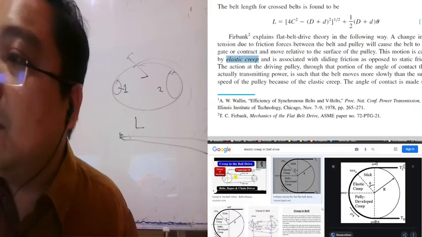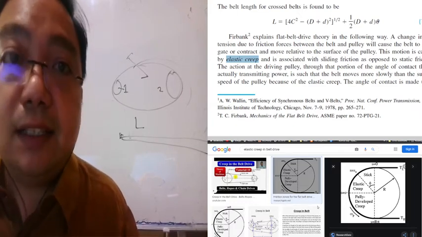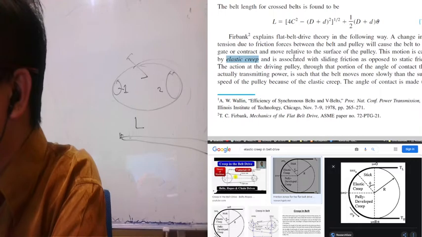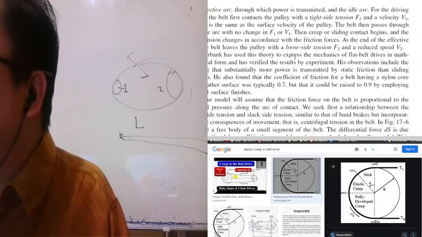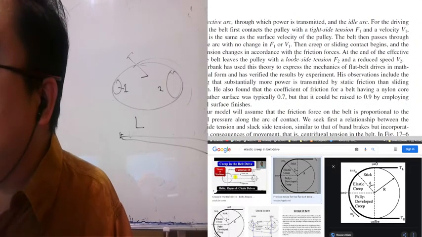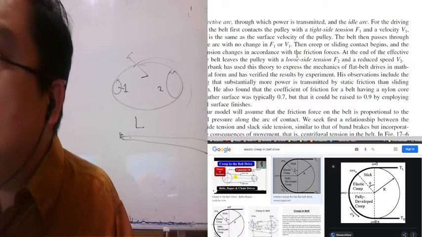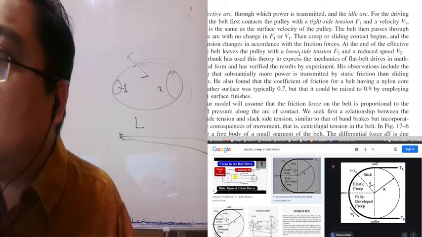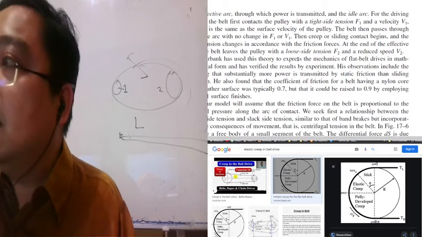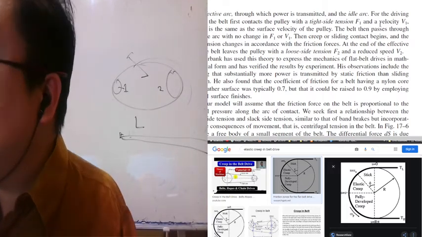That is some of the definition of elastic creep. The creep forward is transmitted on either arc. For the driving pulley, the belt first contacts the pulley with tight side tension F1 and velocity V1.